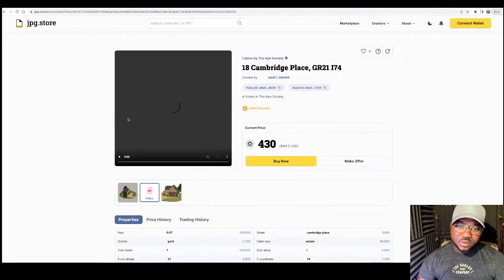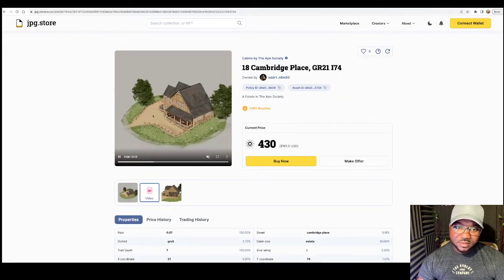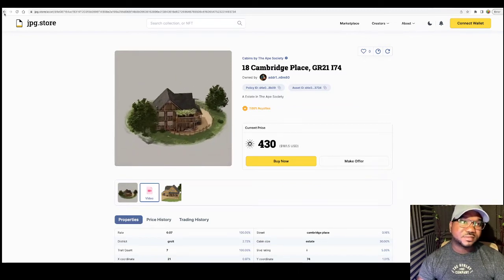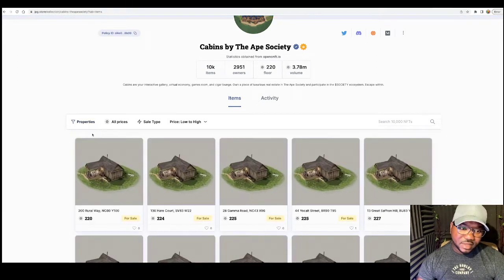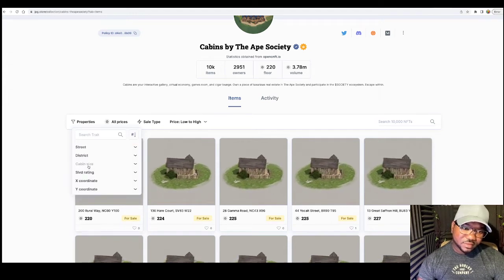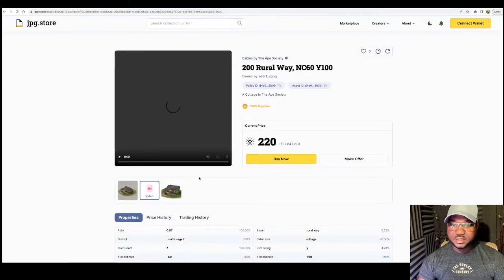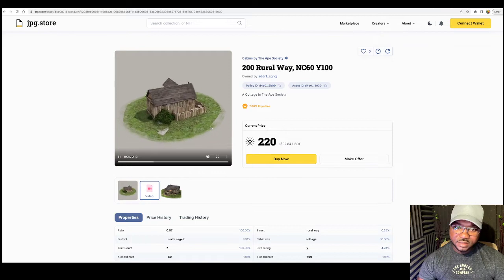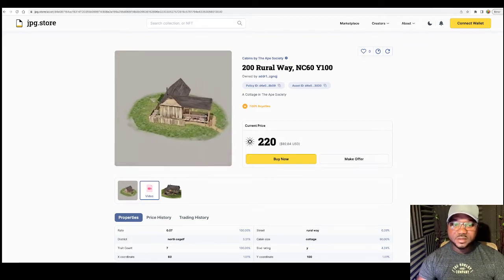And if you take a closer look at this, you can see what it looks like. Then, so that's your estate, and then these are your smaller cabin size, and they refer to these as cottages. So that would be your cottage. Again, you can see smaller in size, smaller in price as well.